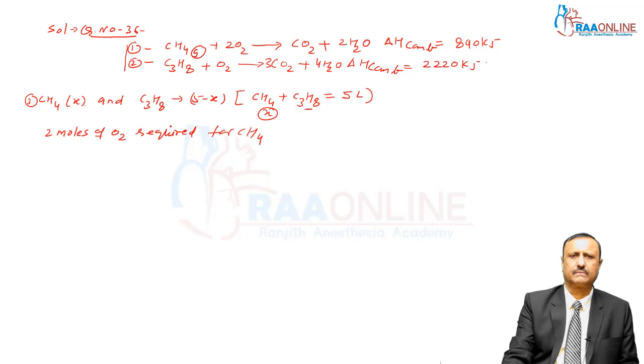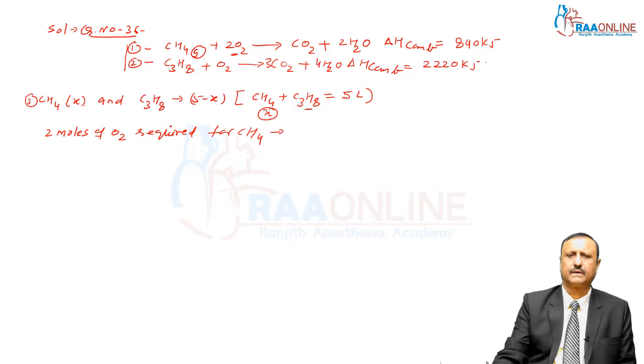This is reaction 1. You can see in reaction 1, 2 moles of oxygen are required by the methane. It means it is 2x moles. Why? Because for methane, x moles is the amount, and here in this reaction 2 moles of oxygen is required, so it is 2x.